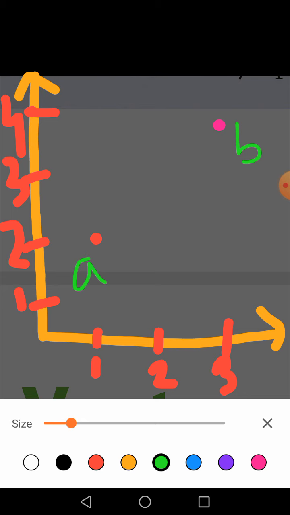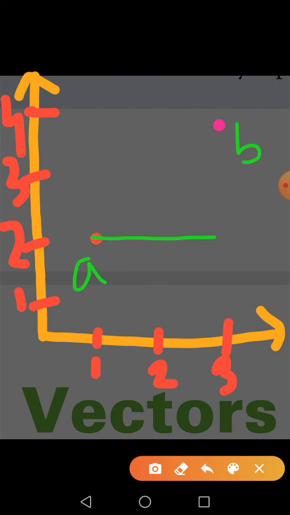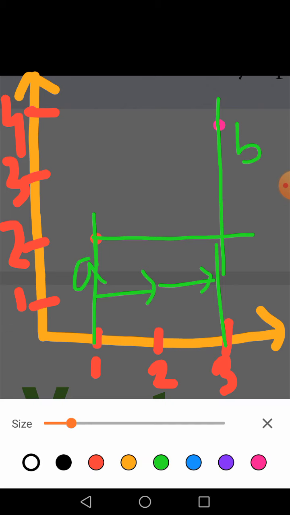So if you want to go from A to B along the x axis, let's draw an x axis over here, and let's draw a y axis over here. Now count how many steps you have to go along the x axis. So you have to go 1 step and then 2 steps. And how many steps do you have to go along the y axis?